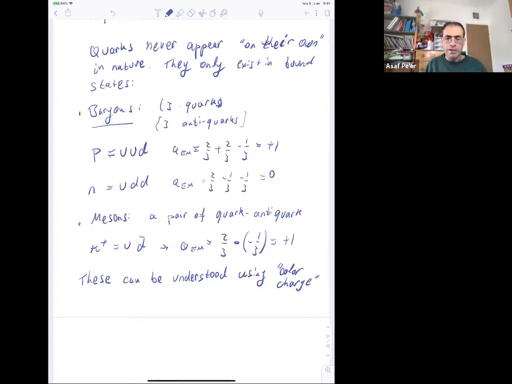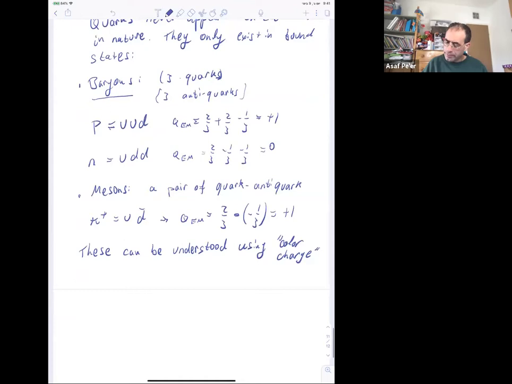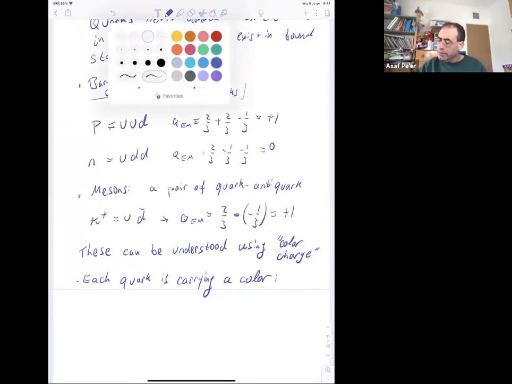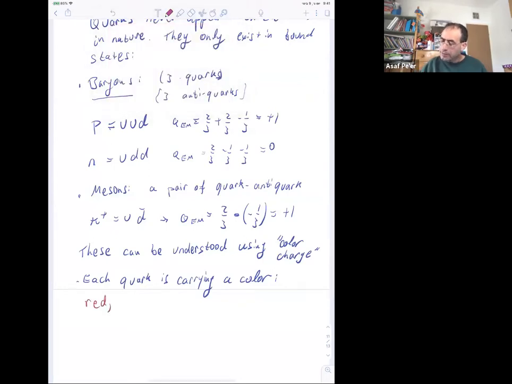We say that each quark is carrying a color, which can be either red, green, or blue. Of course, anti-quarks carry anti-color.